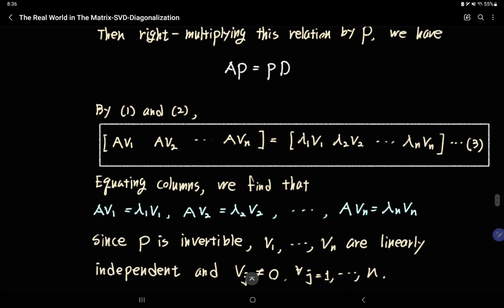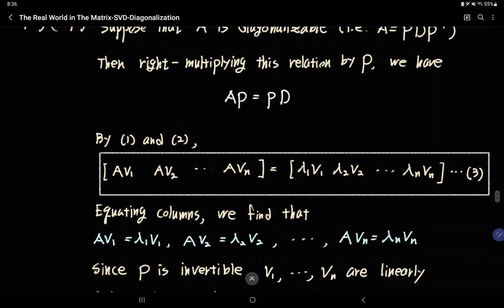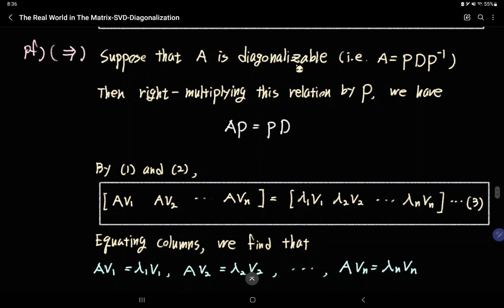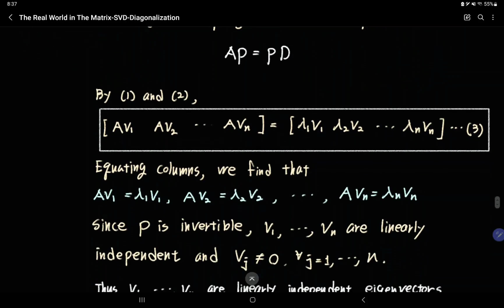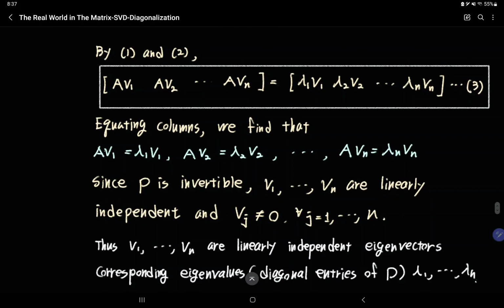Now, P is invertible, right? Because we assume that A is diagonalizable, which means there exists a matrix P that has an inverse, P inverse. So P is invertible, which means that v1 through vn must be linearly independent. All of the column vectors must also be non-zero, otherwise they would not be linearly independent.